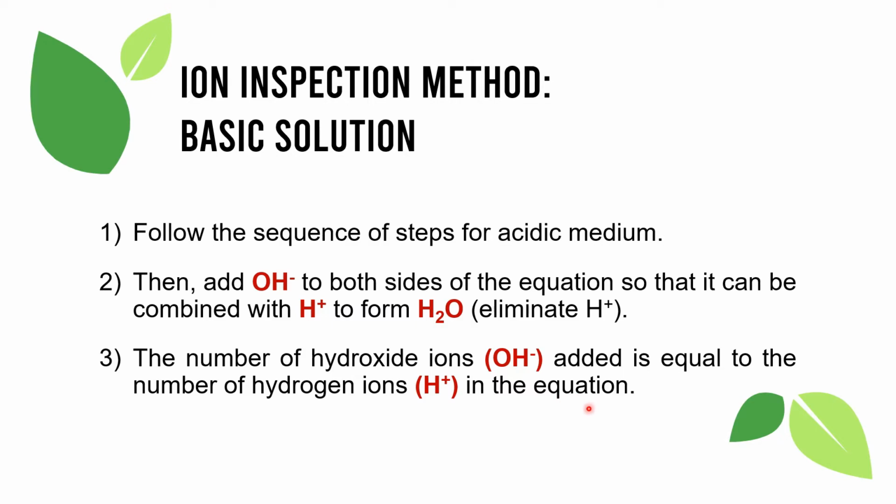This means that if we have, for example, 8H plus in the balanced chemical equation, you have to add sebanyak 8 OH minus, supaya combination of these two you will get 8H2O. And this step is also diperlukan untuk apa? Untuk eliminate the presence of the H plus. So let's try to balance this equation in basic solution together.